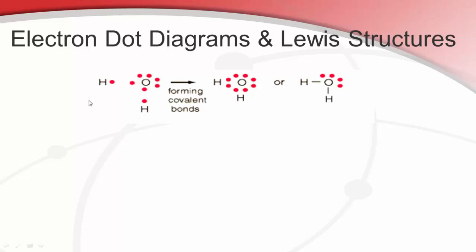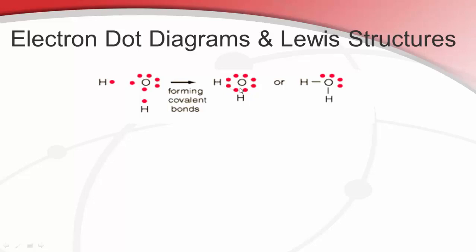We can see a hypothetical reaction between hydrogen atoms and an oxygen atom: 6 valence electrons arranged around oxygen, 1 each for the hydrogens. When they react together, they form covalent bonds, shared electrons between the hydrogen and the oxygen. And you can see those pairs there that are shared.